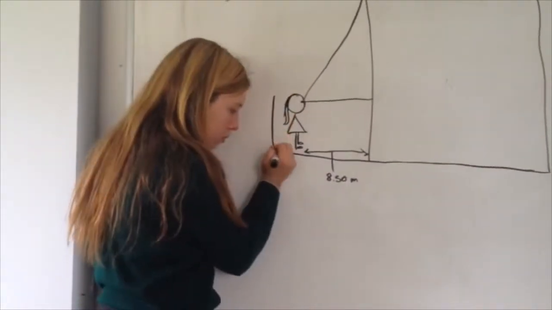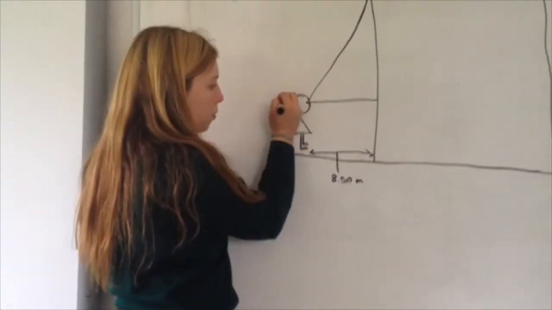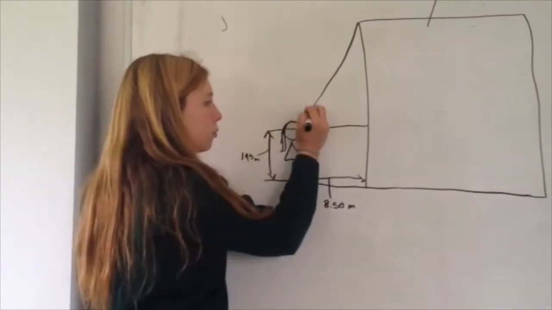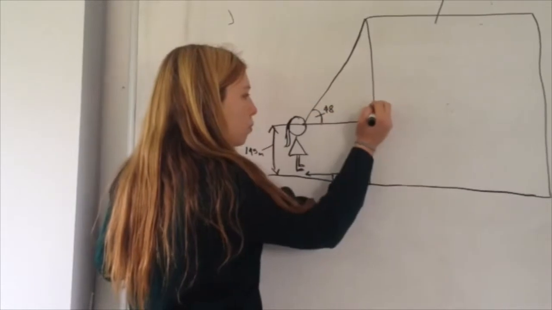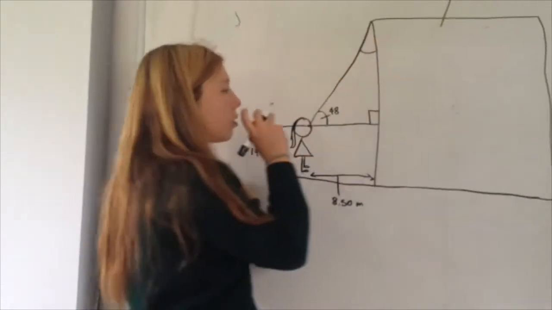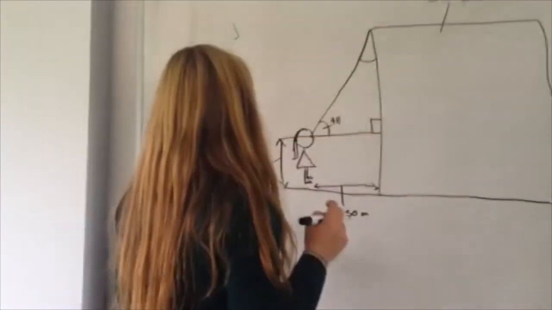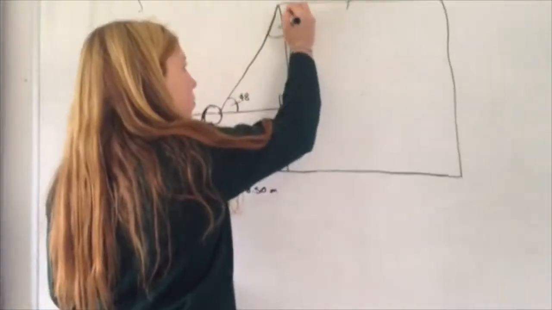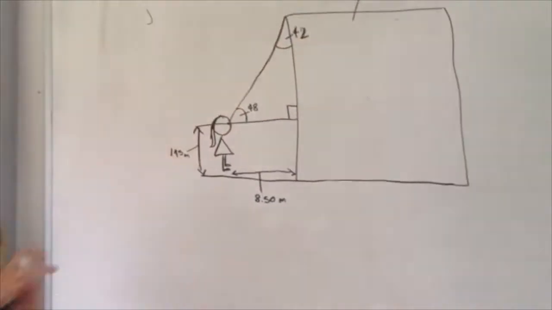Also, the person had to be measured, and the distance from the eyes to the top of their head had to be taken away. Our measurements were: we stood 8.5 meters away from the building, and the angle we were looking at the building was 48 degrees.